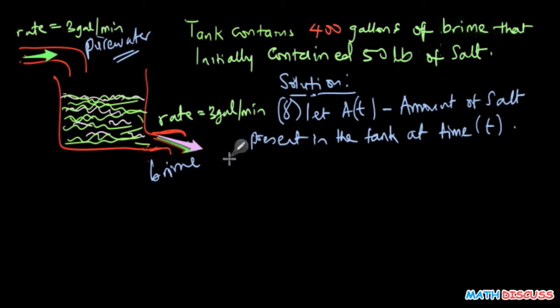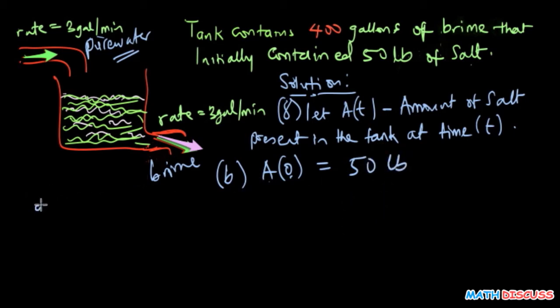Now, according to part B of the question, we are told to find A of 0. What it actually means is the amount of salt when time equals 0. We're giving you in the question that initially it contained 50 pounds of salt. So you do not need to think of anything else. The initial amount is just 50 pounds.